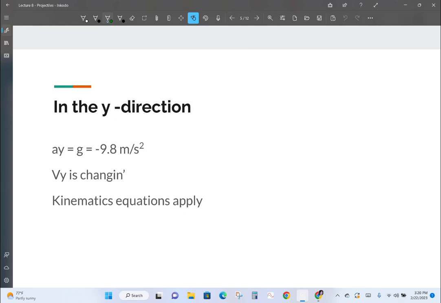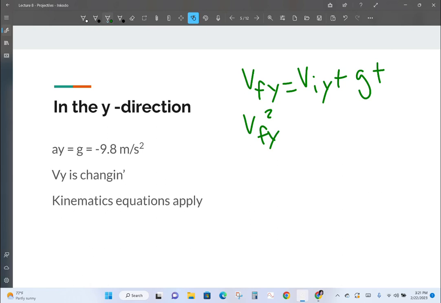In the y direction, it is accelerating at negative 9.8. So the kinematics equations: Vf in the y direction is equal to whatever it starts out at plus gravity times time. Vf squared in the y direction is equal to Vi in the y direction squared plus 2g times its change in vertical position.